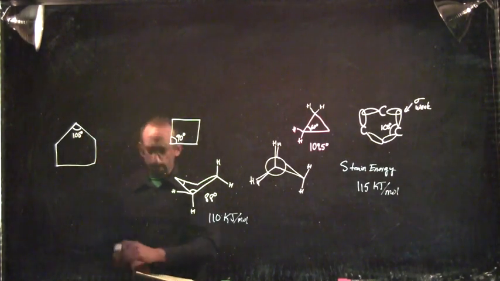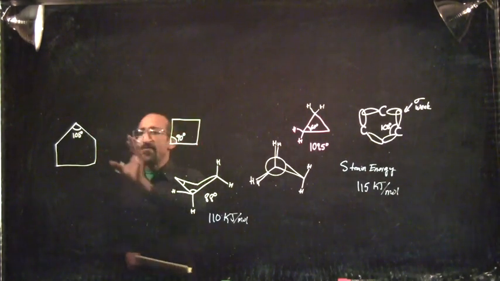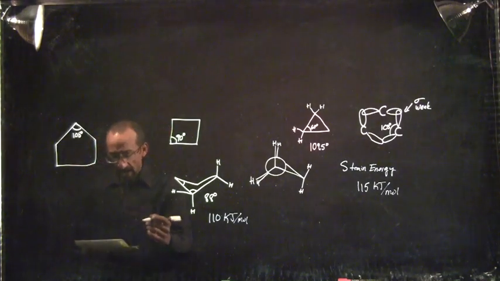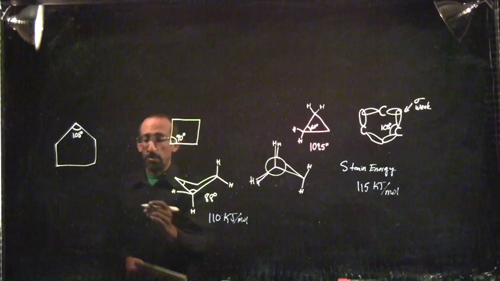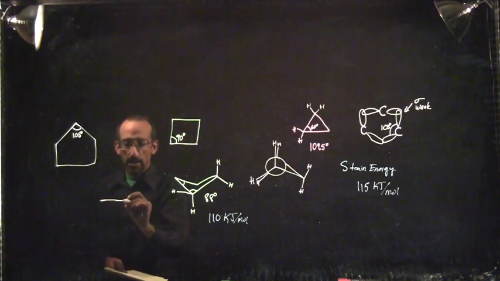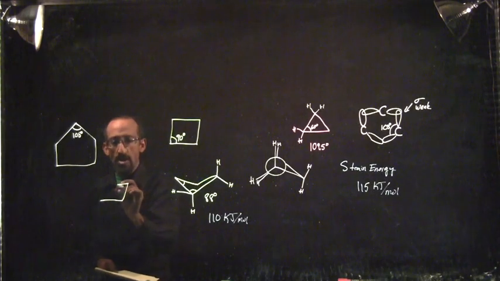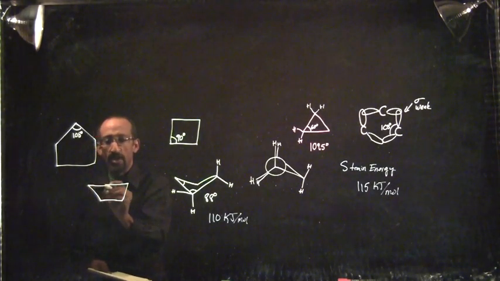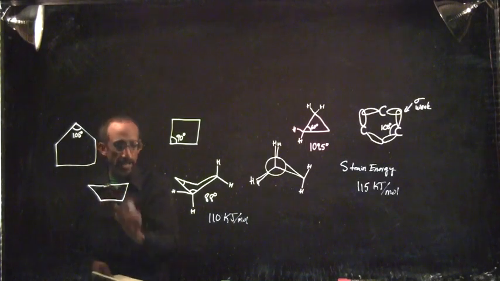That's what we expect. In fact, cyclopentane is not a planar molecule, and it adopts what's called an envelope conformation. That envelope conformation places 4 carbon atoms in the same plane, and then lifts one of those carbon atoms.